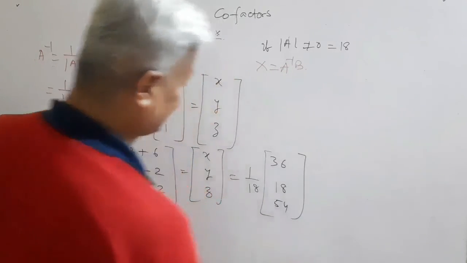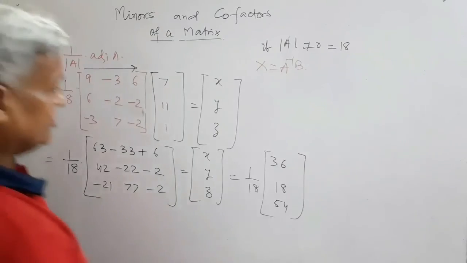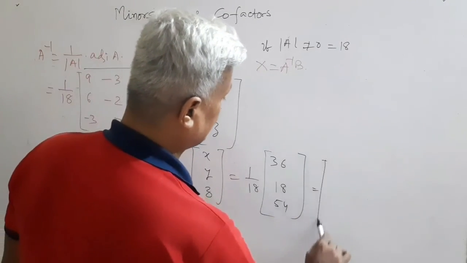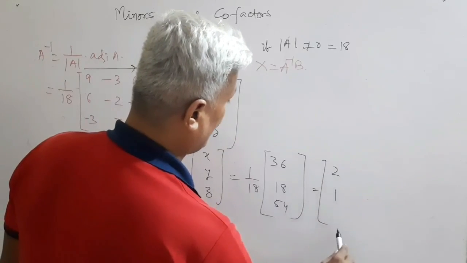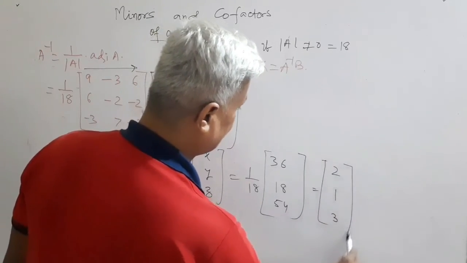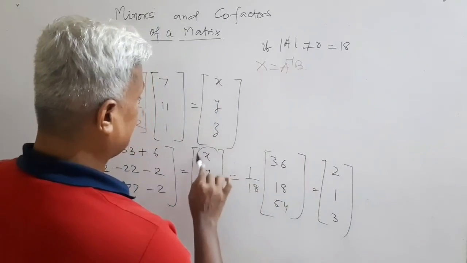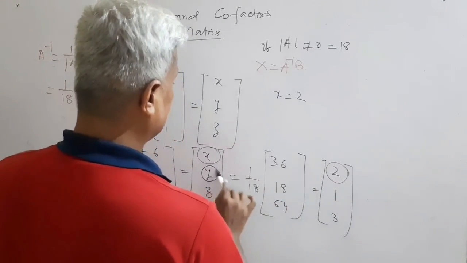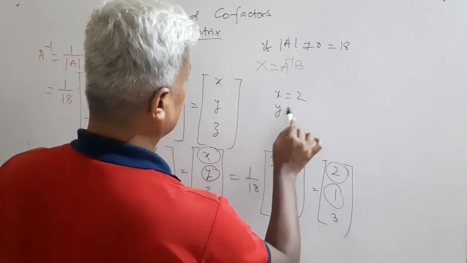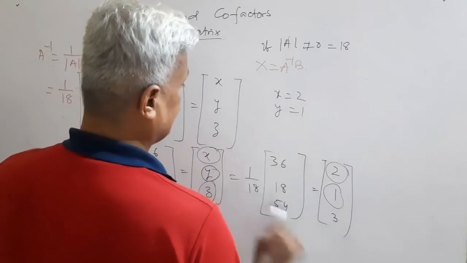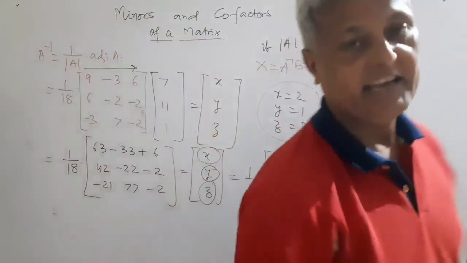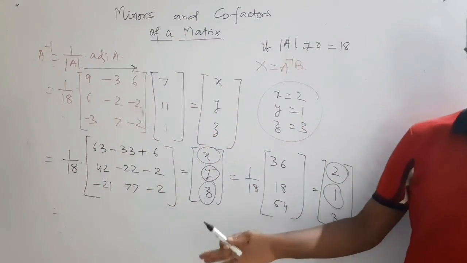I am very close to getting the correct answer. Now if you divide each element by 18, this will become 2, 1 and 3, and there you have the comparison. X is 2, Y is 1 and Z is 3. So you have got the answer, and here I conclude everything in this video.